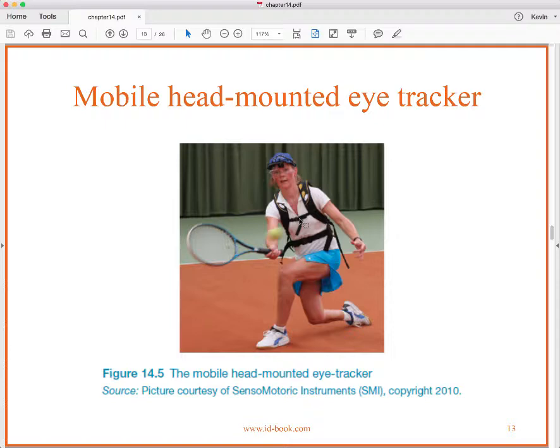A common problem that people have with tennis is they track the ball, and right about where the ball is now, they stop tracking. They start to think about where they're going next, and their eyes come off of it. So we wouldn't be making the same use, but we could easily have use for the same kind of equipment.